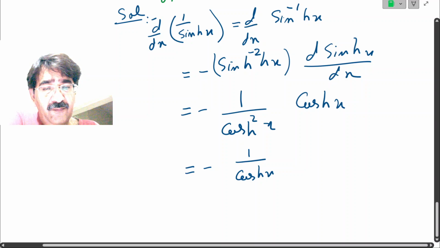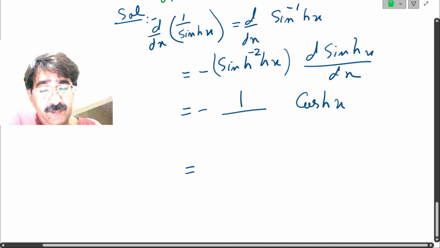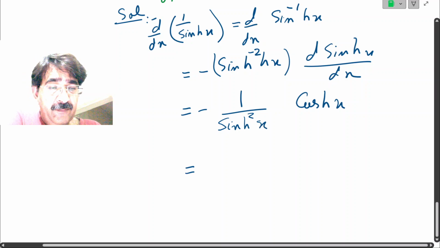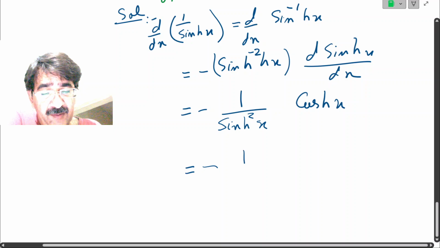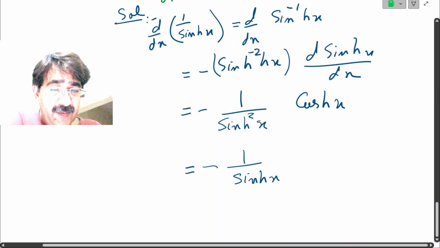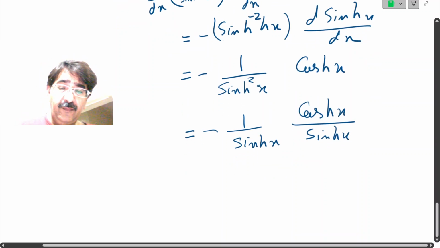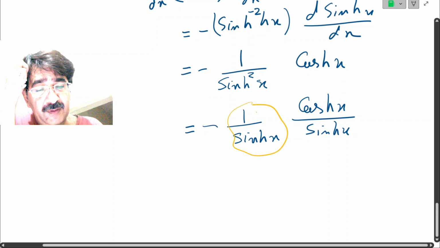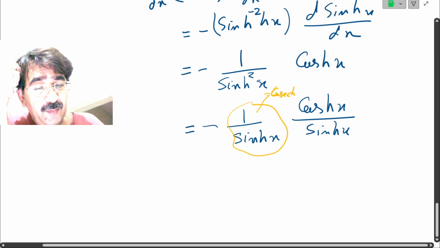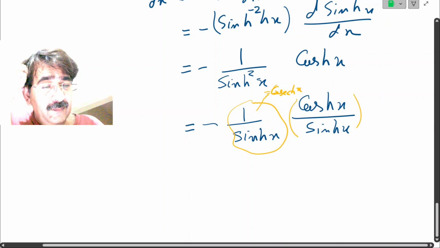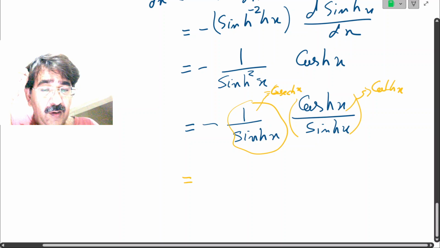So we have minus 1 over sine hyperbolic square x, and we may write it in this way: minus 1 over sine hyperbolic x times cos hyperbolic x divided by sine hyperbolic x. 1 over sine is cosecant hyperbolic x, and cos divided by sine is cot hyperbolic x.